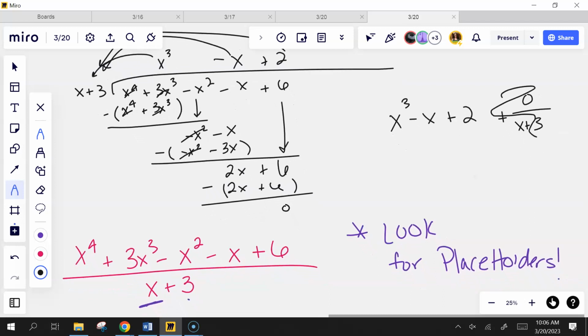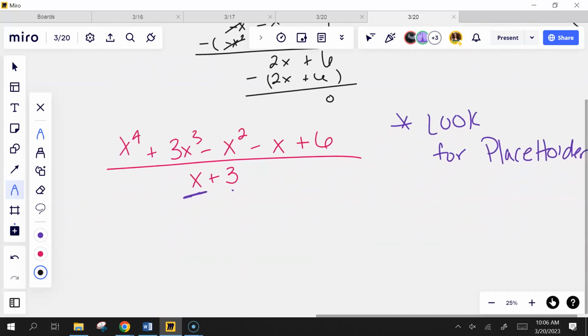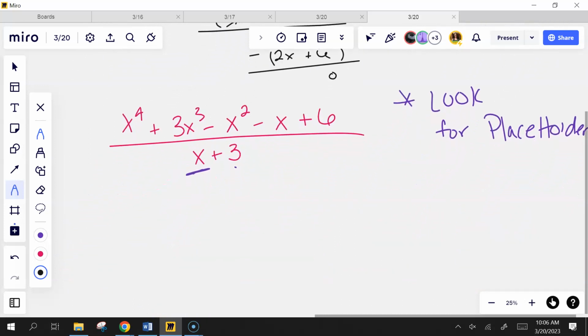All right, let me set up synthetic for you. You have to listen closely to this. It's hard for me to write steps for this because it gets confusing, but once you see it, the pattern's so easy to pick up on, you'll get it. All right, so I'm going to change the sign of this number. So change the sign of the constant. So that's a negative 3.